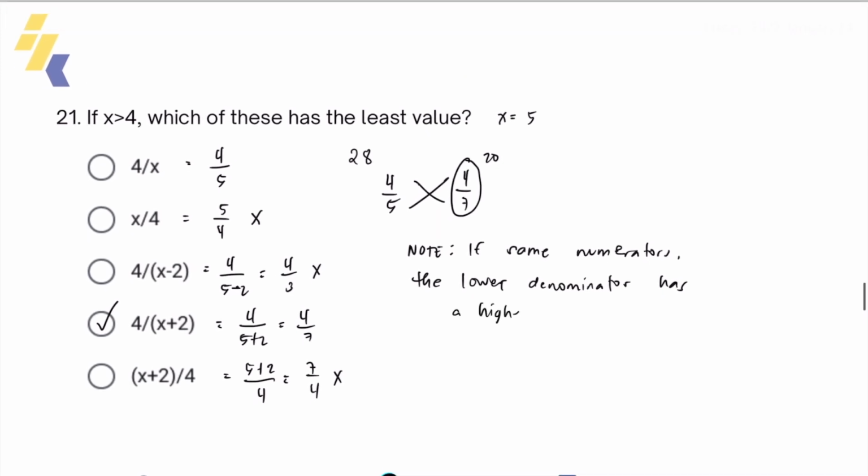Okay? Which between 4/5 and 4/7 has the lower denominator, di ba? 4/5. So, ito yung mas malaking value. Okay? So, least value is 4/7.